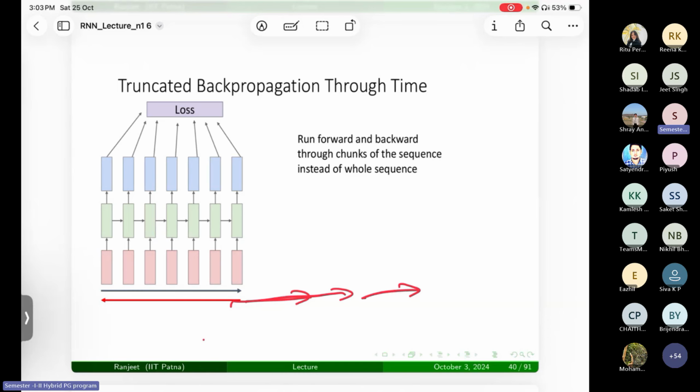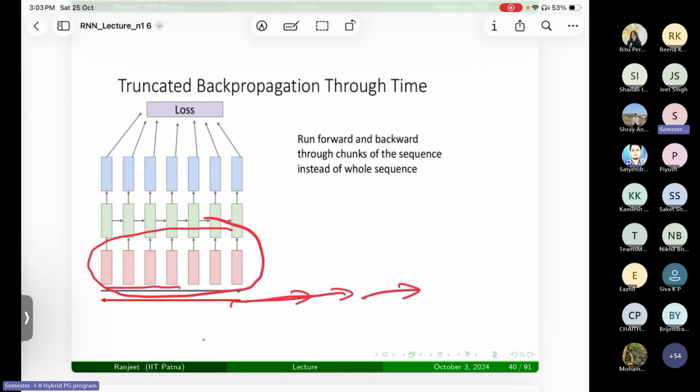These are sequential information. So I'll take just a few words, a selected number. I'll fix n number of words, and at a time I'll take those n words.